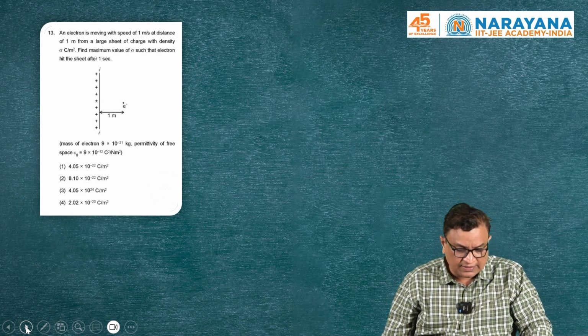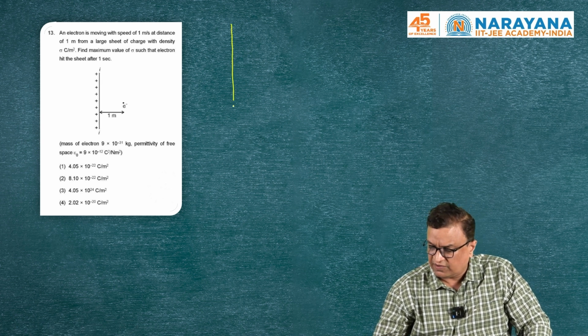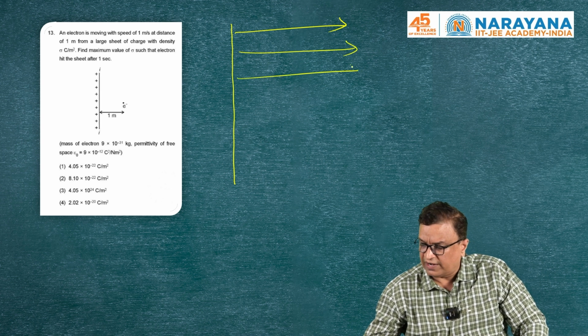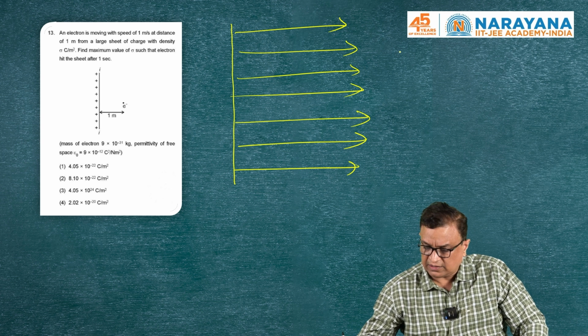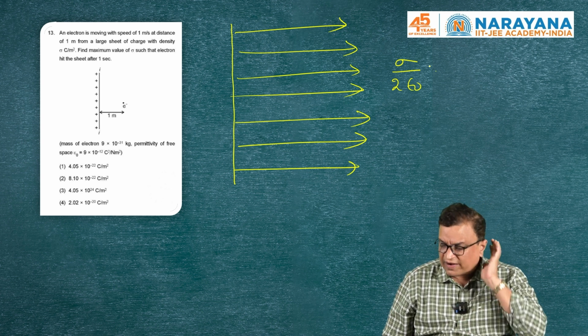My doubt is in what way it was projected. Suppose this is the charged sheet, this is how you will have field lines, uniform. And the field of that sheet is sigma by 2 epsilon naught.